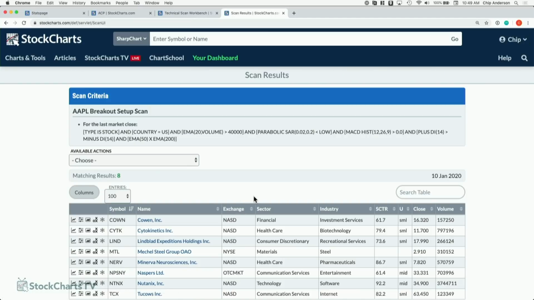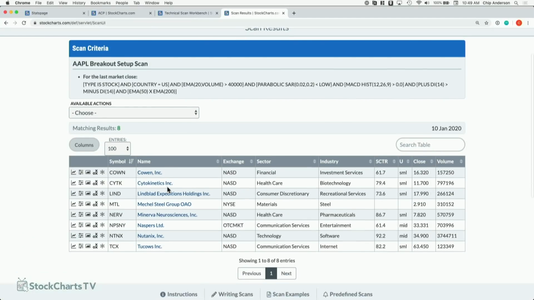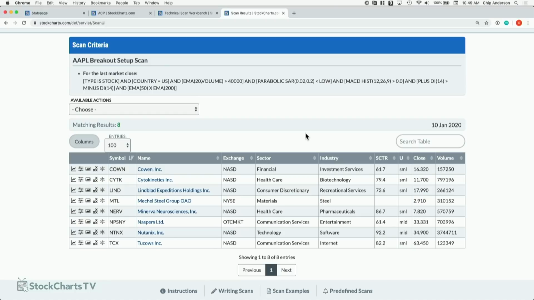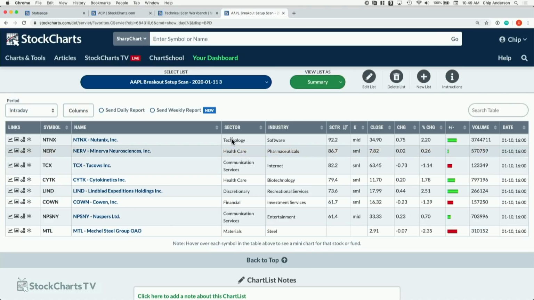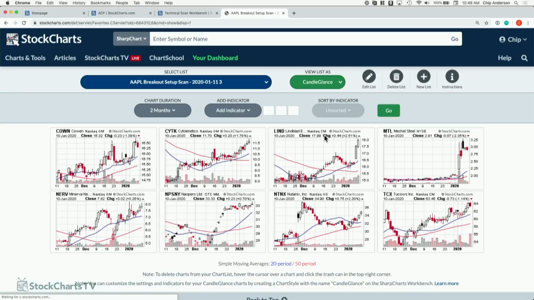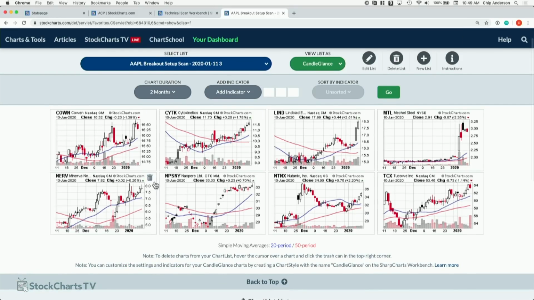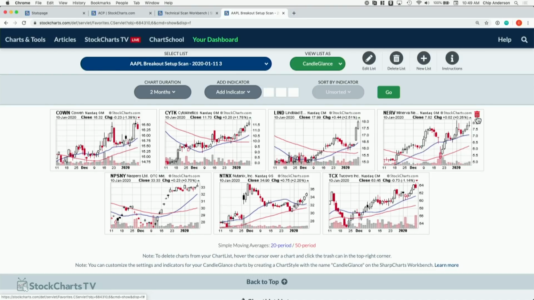When I run my scan now, I get back 8 results. In fact, some of these results look really good. Let's take some time, put those in a chart list. Here's that chart list. Go look at it in candle glance. And yes, we do see the beginnings of some stocks. Again, we see our MTL stock, and that still looks like news to me.